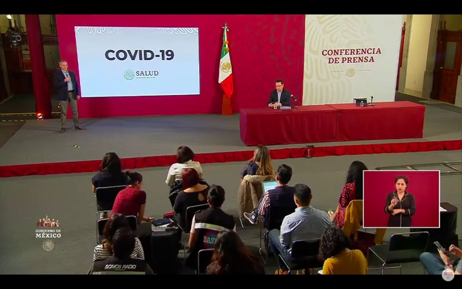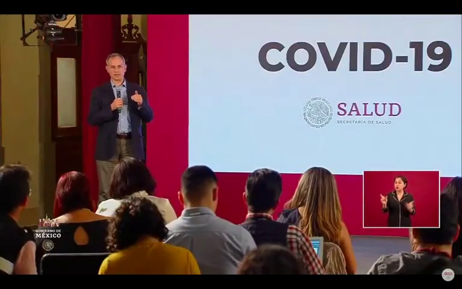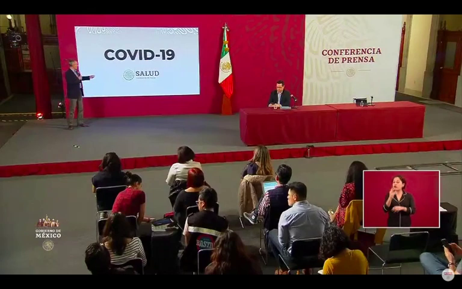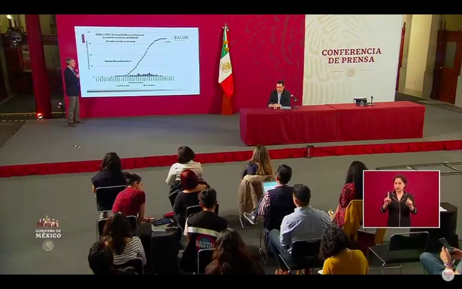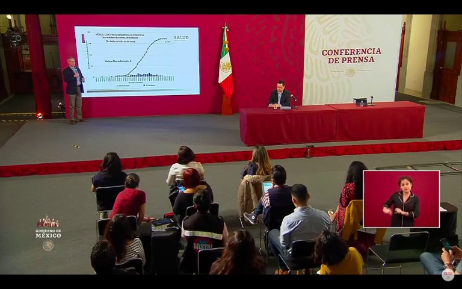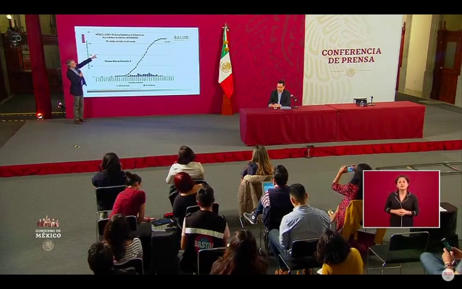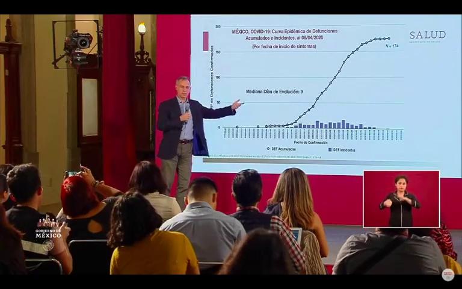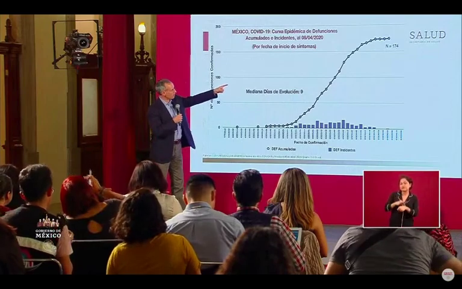So I would like to talk about the interpretation of mortality according to two ways of identifying it, and both ways are used daily in our analysis. This is the epidemic curve, but this is specifically regarding the fatalities.